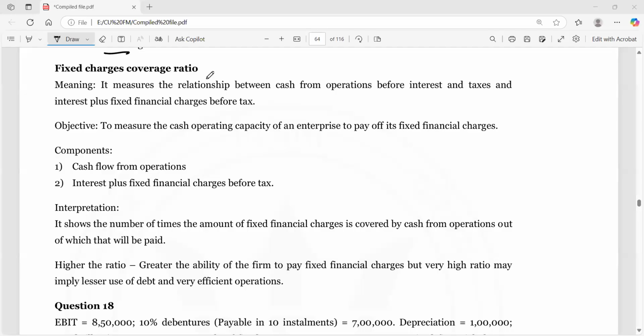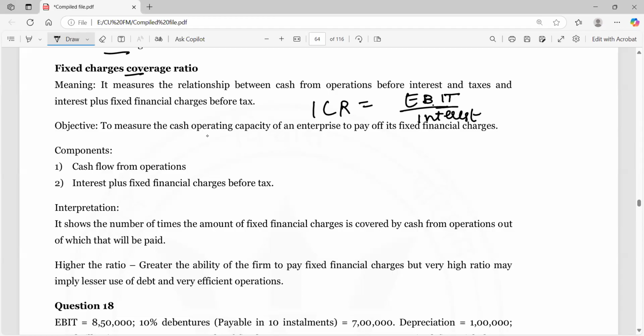Listen, fixed charge coverage ratio. Again, it is exactly similar to the interest coverage ratio, but the only difference is, in the interest coverage ratio we are using EBIT by interest, right? EBIT is profit, and profit is something which can be manipulated.